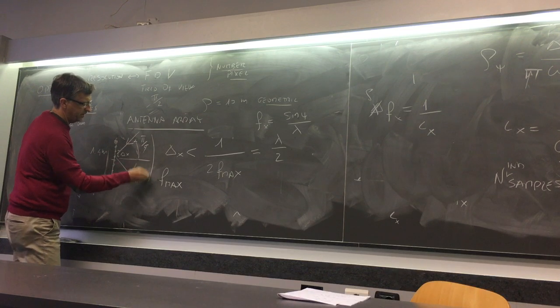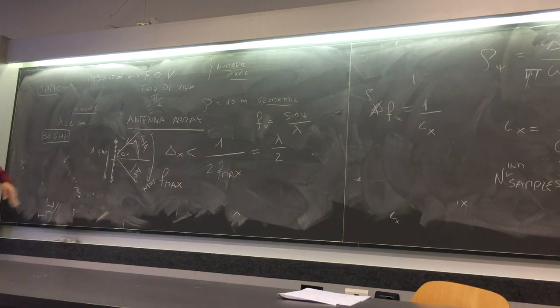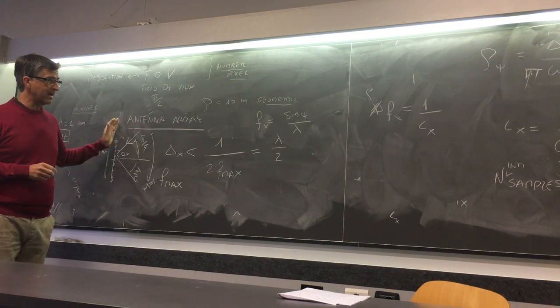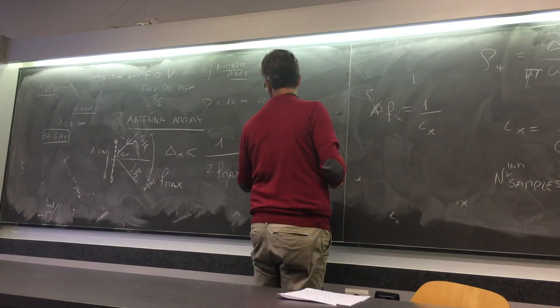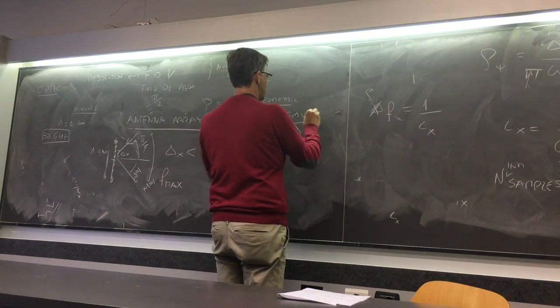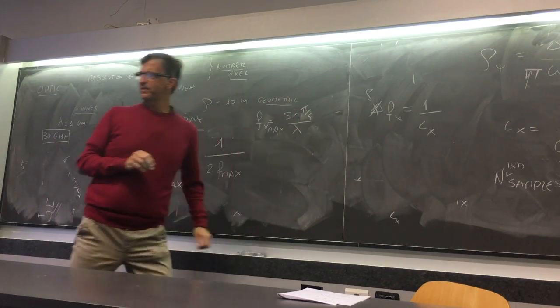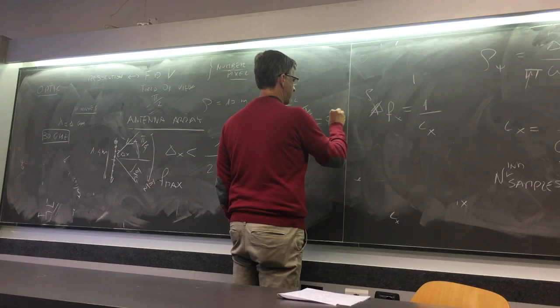You remember the field of view is pi/2, okay? In this case, if you don't want to look above this angle, you compute the maximum frequency as fx max equal to the sine of pi/4 divided by lambda, okay? That is again 0.7 divided by lambda.